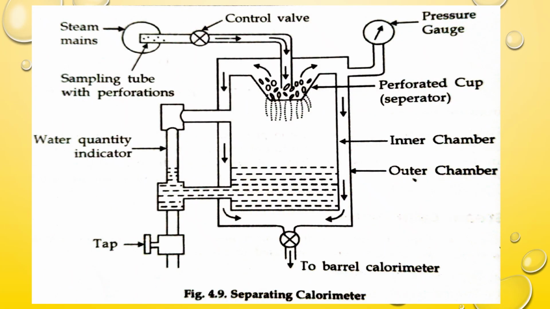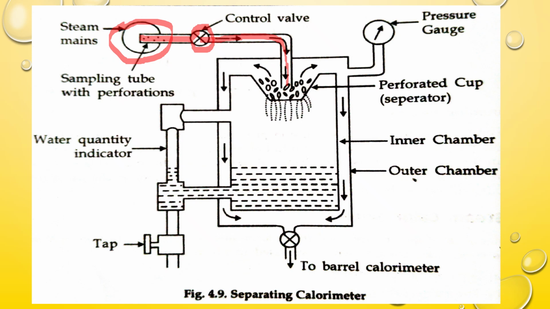So let us try to understand the working of the separating calorimeter. This is the steam main, connected with the boiler drum or steam generator. When this control valve is kept open, the steam from the steam main enters into this separating calorimeter through this pipeline.